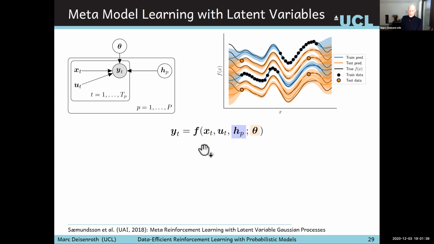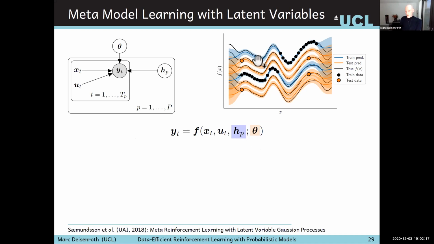Assume we have a regression problem. So we have observations y, which are a function of x, and okay, we can have a control signal in here as well, but let's ignore the control signal for the time being. Some local parameters h and some global parameters theta. What that could be in this particular example here is, each of these functions is offset from 0, but otherwise the shape of the function is the same.